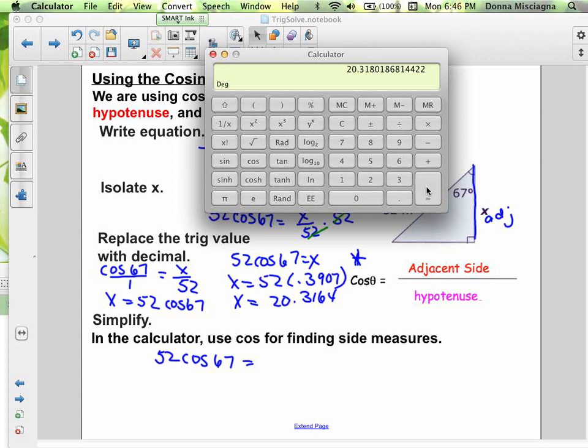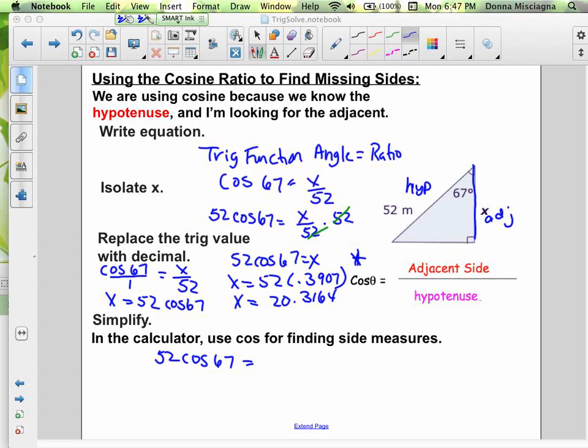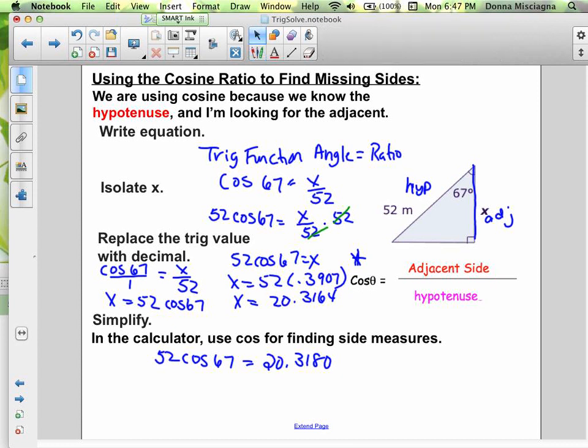Using the calculator, we had more decimal places. We had 20.31, and we'll round to 4 decimal places, 20.3180. So we're close. It took until the third decimal place where we got a different answer.